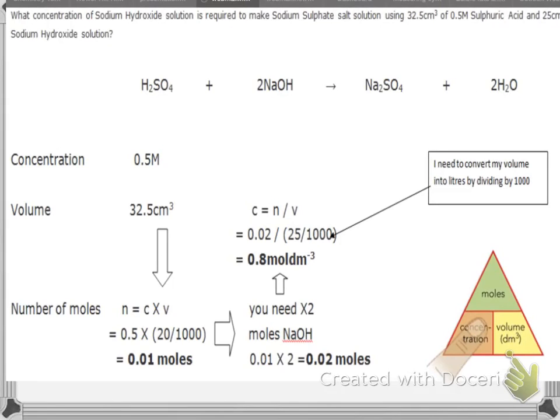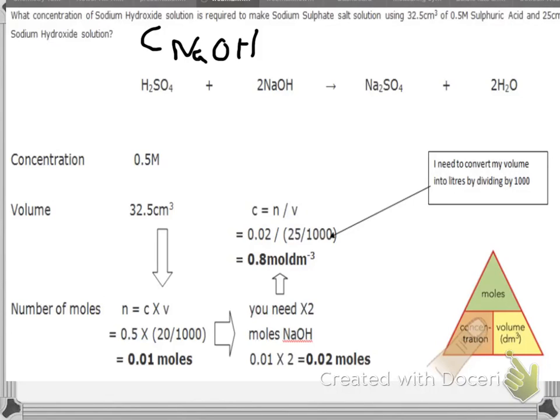Okay, so we can look at how we would go about carrying out an example calculation. I've got an example here where I've added some sodium hydroxide, and I need to know what concentration of sodium hydroxide is required to neutralise 32.5 centimeters cubed of 0.5 molar sulfuric acid when I'm only using 25 centimeters cubed of sodium hydroxide solution.